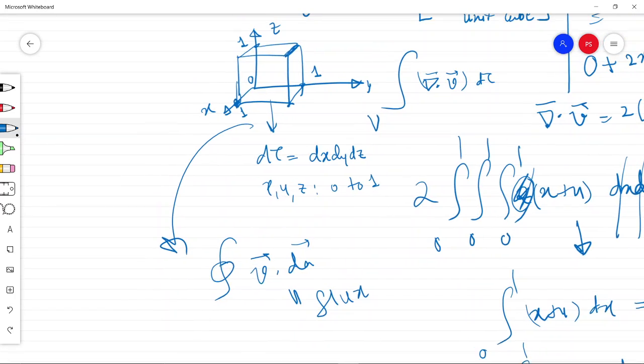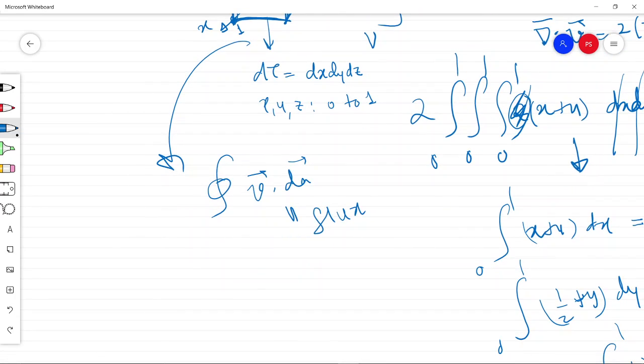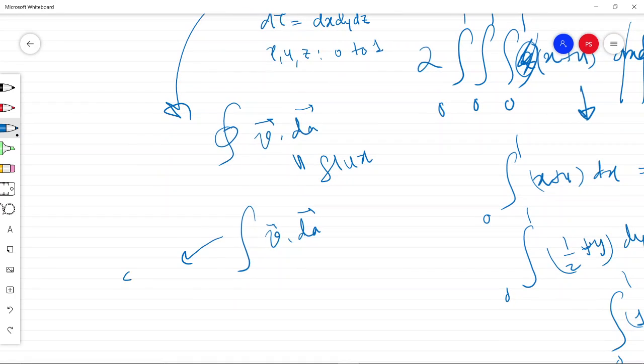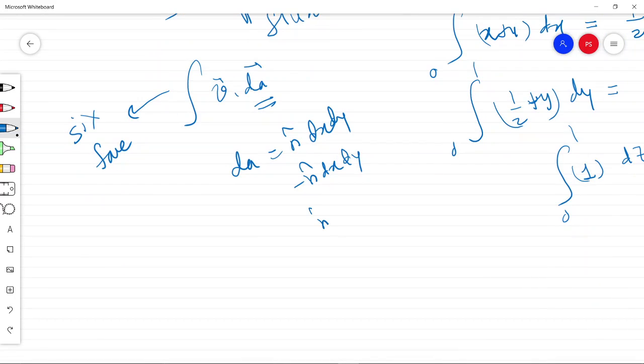This can be done by taking the 6 faces one by one, and we can calculate the integral of v bar dot dA bar for each of the 6 faces, where this dA is just n cap dx dy, then minus n cap dx dy accordingly, then n cap dy dz, minus n cap dy dz, and n cap dx dz and minus n cap dx dz.